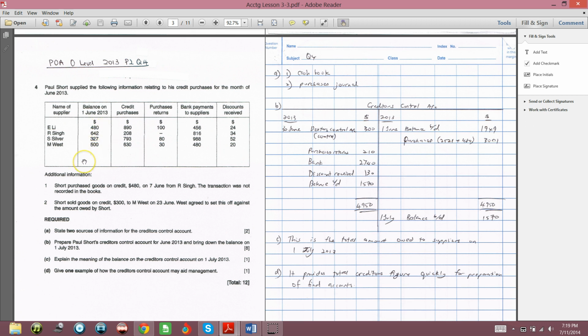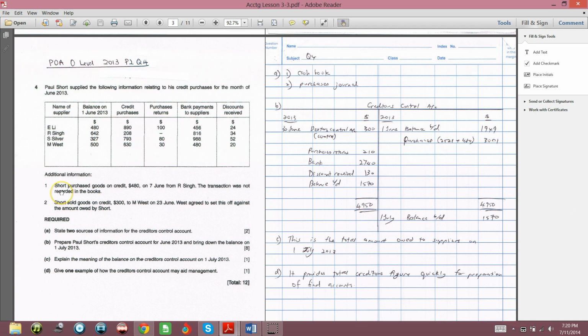Okay, so that means you should use your calculator and calculate all these: 480 plus 642 plus 327 plus 500.